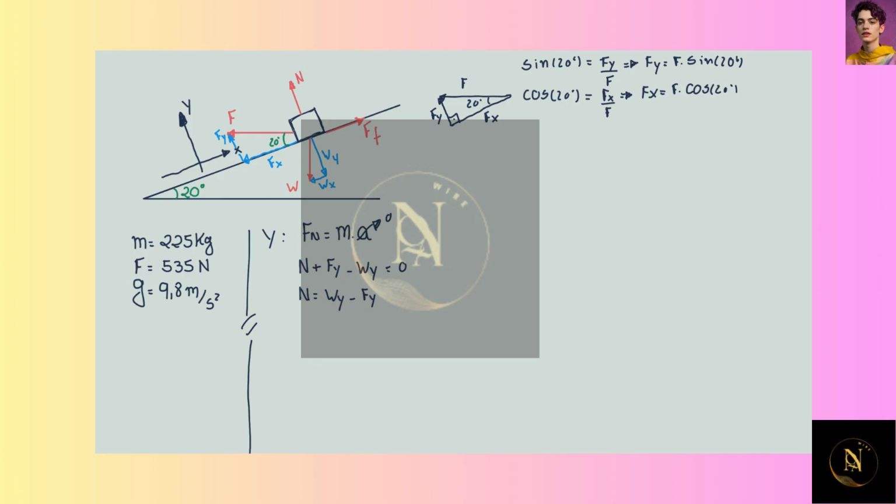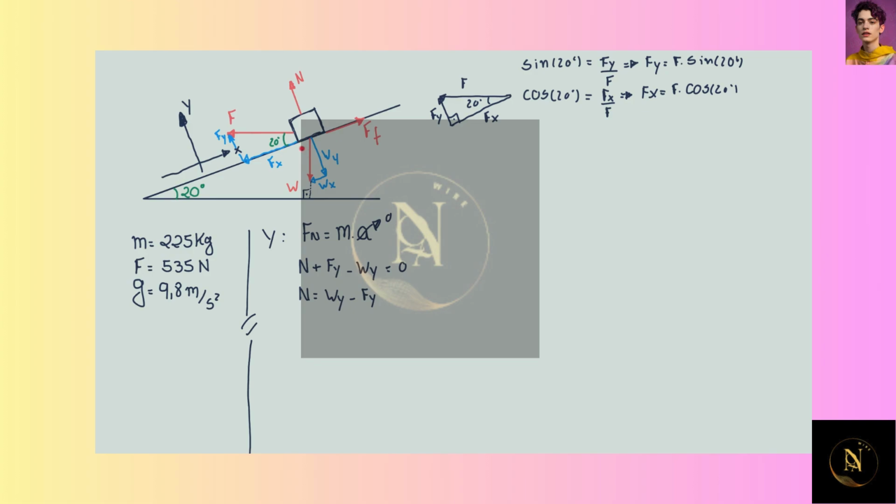Now, for the weight force, we can do something similar. But before, we have to discover what this angle is. For that, we can do the following trick. We can extend the weight until it meets this point. Then this forms a right triangle. Then, this angle is 20.